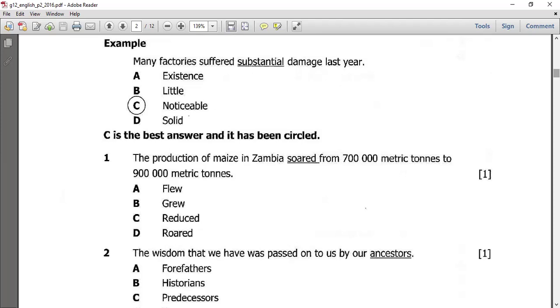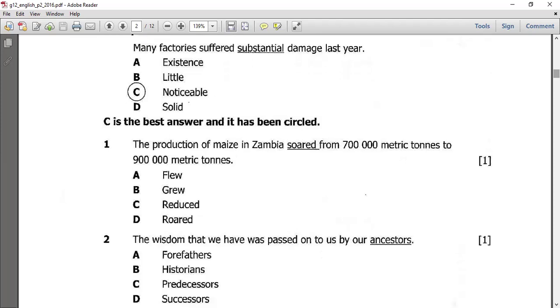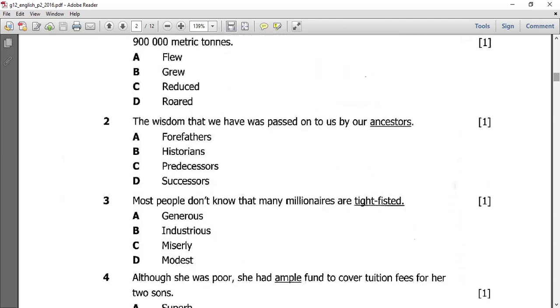Hope everyone has understood, because there we are dealing with numbers. Numbers don't flow, they don't reduce, they grow. Now the second one says the wisdom that we have was passed on to us by our ancestors. What word can replace ancestors and mean the same thing? Forefathers is correct.